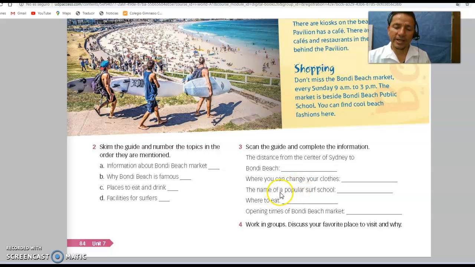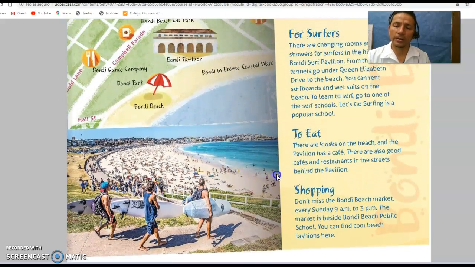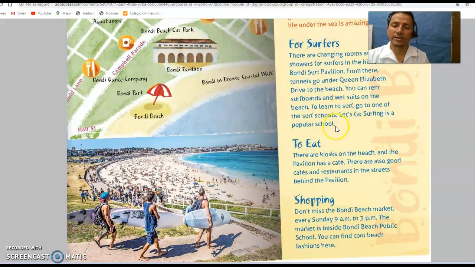And the name of a popular surf school is. So here, if you notice this, here it has a school. To learn to surf, go to one of the surfer schools. Let's Go Surfing is popular. So you can bring a surfboard.